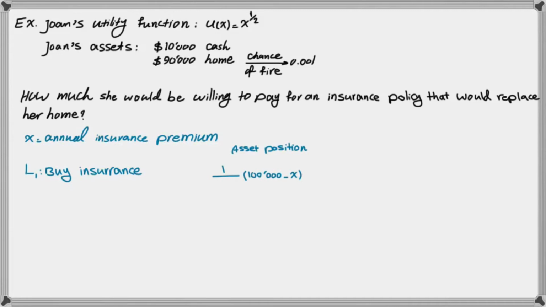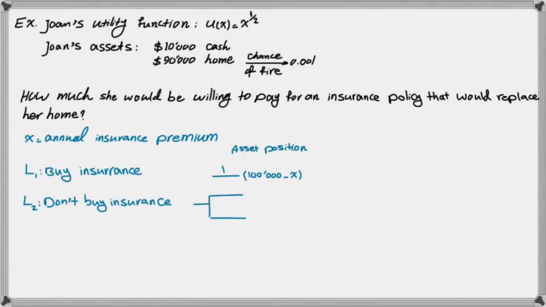Because if the fire happens, the insurance is going to pay you whatever assets you had. But if the fire doesn't happen, you're still going to have that asset position. So buying insurance is going to be a lottery with a 100% chance of having an asset position of $100,000 minus X, which is the amount that you're paying.